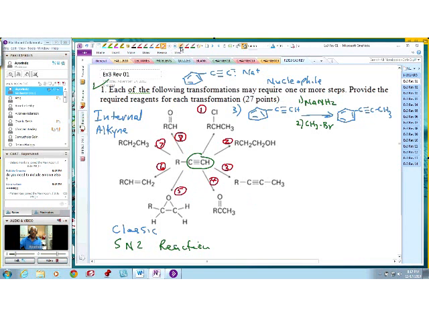Okay, so now let us do number 4. We did this already. Okay, number 4, this right here. So number 4, what does number 4 tell us to do? We want, okay, let me use this alkyne.